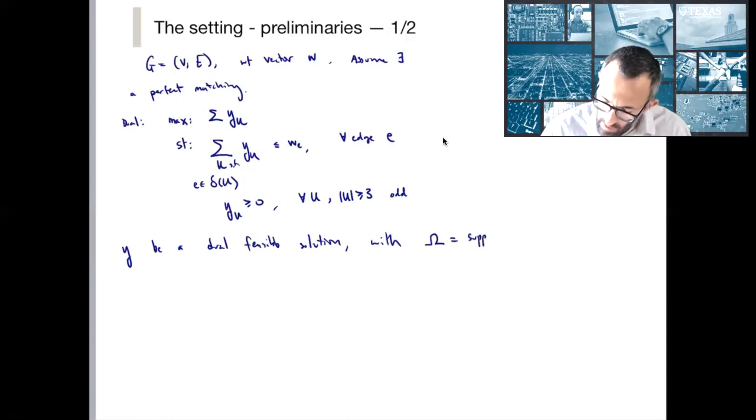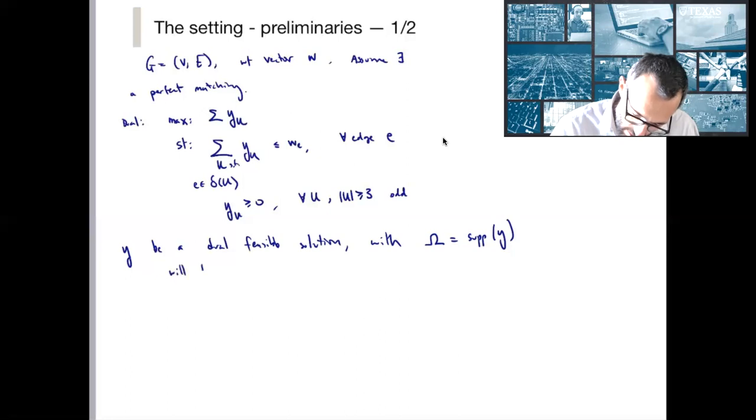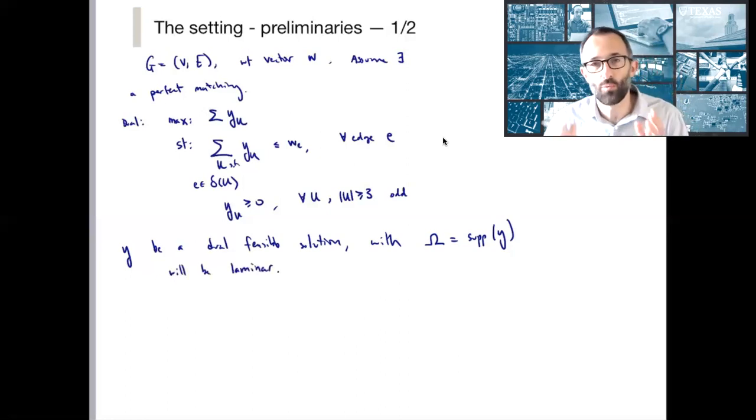Again, these are all the subsets u such that y_u is strictly positive. This is not something that follows automatically, but in our primal-dual algorithm, when we initialize with some dual solution and when we update the dual solution, we need to make sure that we are maintaining laminarity at all times, and this laminar set will also be changing.